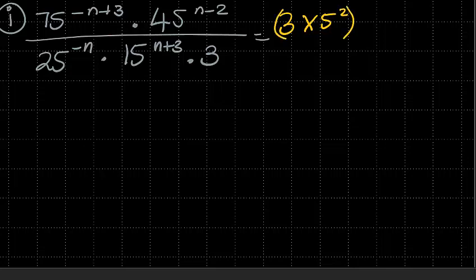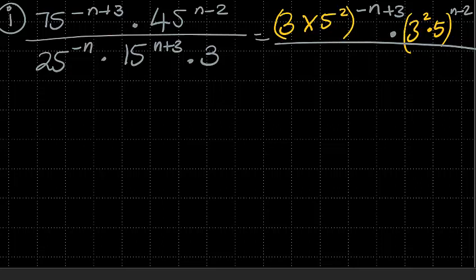Those are the factors of 75. Exponent minus n plus 3. Okay, multiplied by the factors of 45, which is going to be 3 squared times 5. 9 times 5 is 45, and your exponents there are going to be n minus 2.